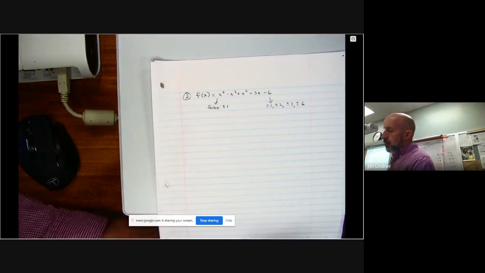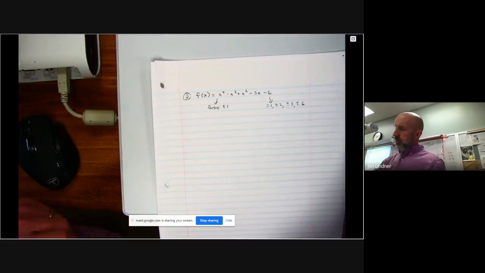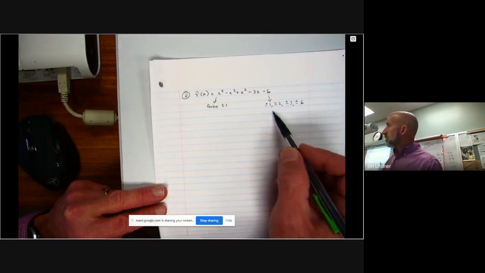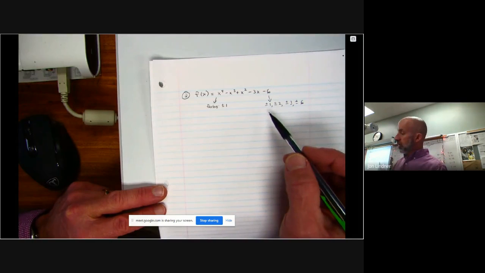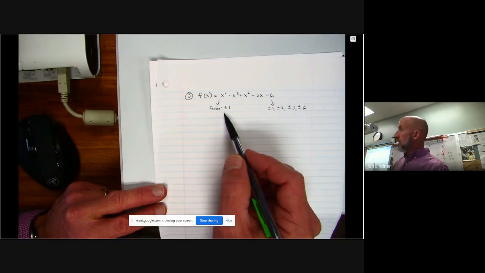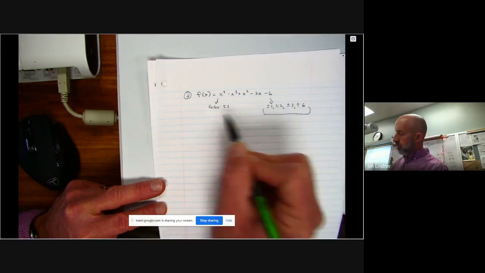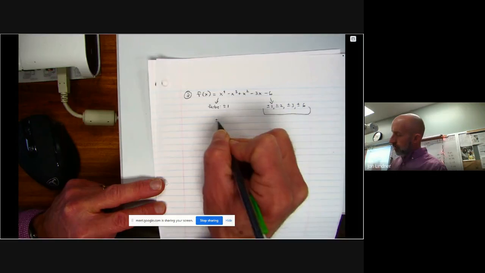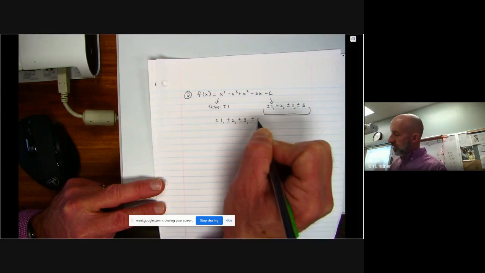And if you remember, we always put the possibilities of the constant term on top. All right. So if I put the possibilities of the constant term on top and this on bottom, that means my only possibilities are these numbers right here, because the bottom number is going to be 1. So I'm going to have plus or minus 1, plus or minus 2, plus or minus 3, plus or minus 6.